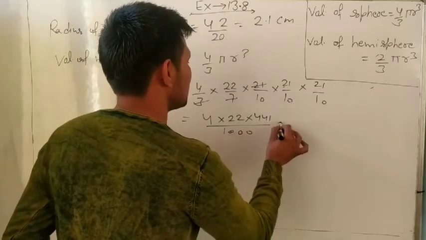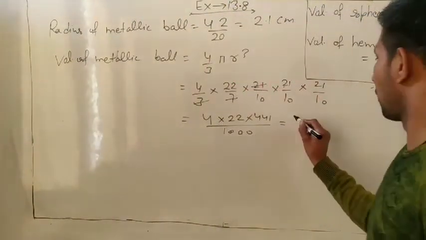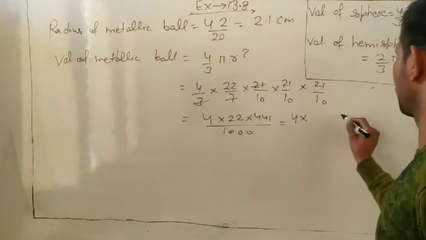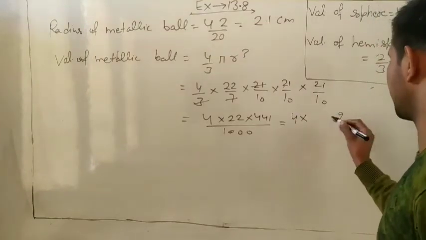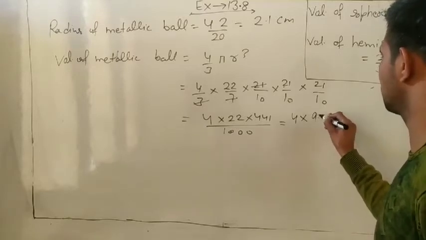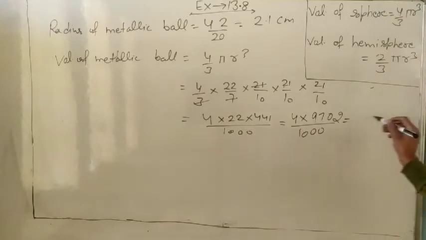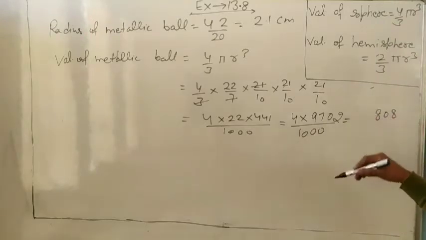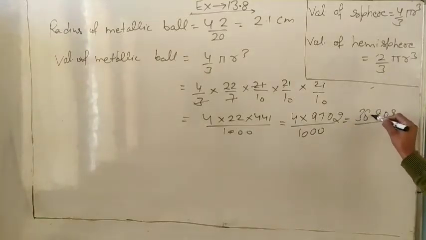But in the last question we had 60 in the denominator. So the answer is 38.808.